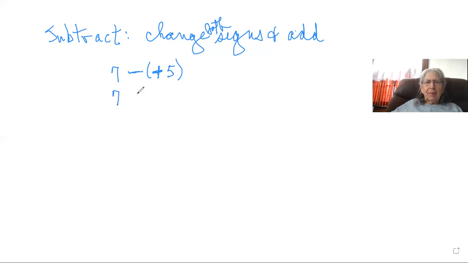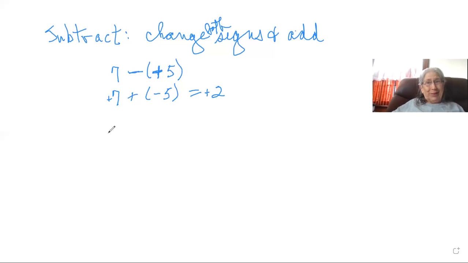It could be 7 plus a minus 5. And using the rules for addition, you would say these signs are different. This is a plus, that's a minus, signs are different. Take the difference, get 2, and keep the sign of the larger, which is 7. Hey, good, it came out the same way we thought it ought to come out.